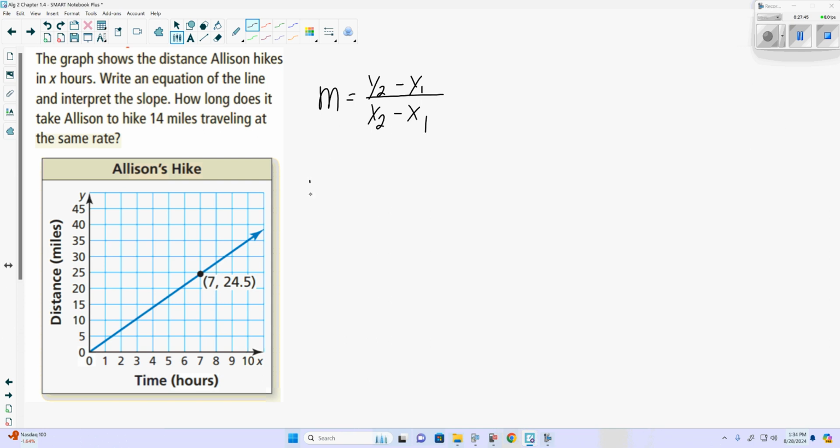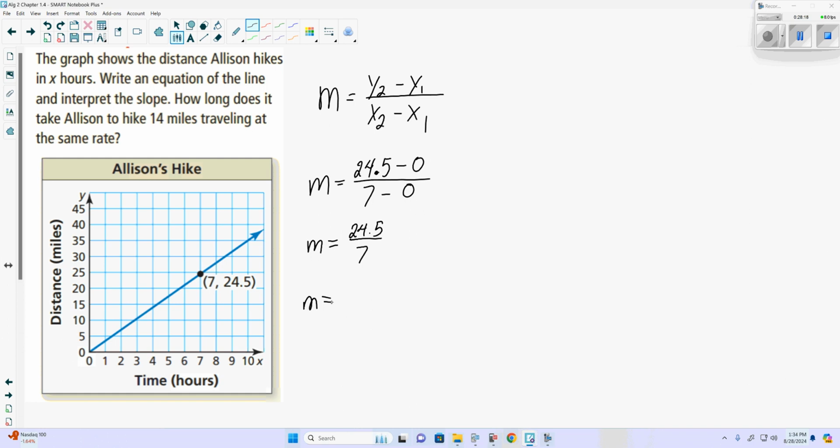But let's find the slope. One of the nice y values they gave us is 24.5. The x value is 7. What's our other point? 0, 0. So we had 24.5 over 7. We can't leave it as this. We can't have a decimal and a fraction together.